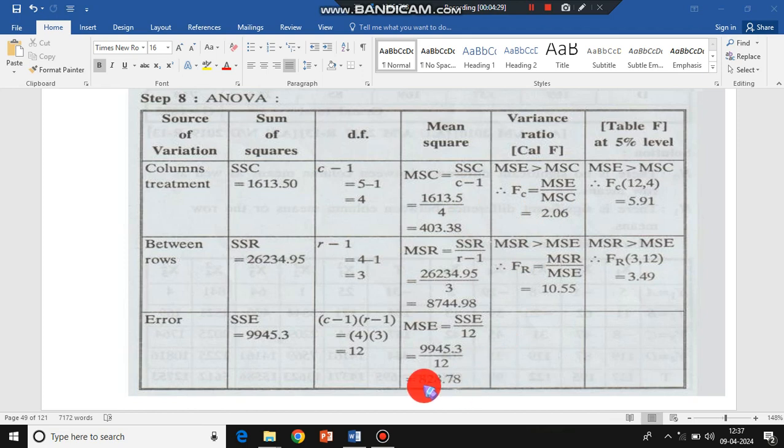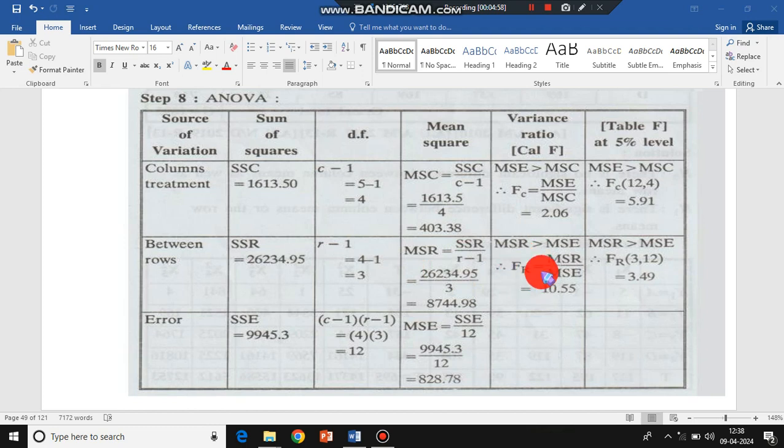If you divide 828.78 by 403.38, the answer is 2.06. This is the greatest number in the numerator, and this is the smallest number in the denominator. So 2.06 is the calculated value of F column wise. So FC equals 2.06.